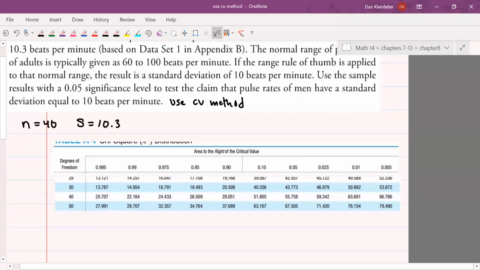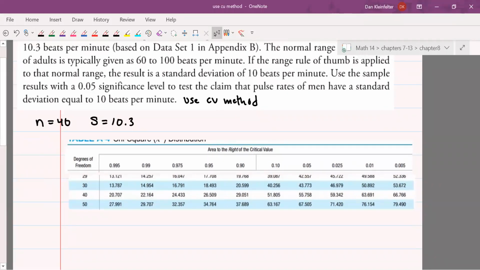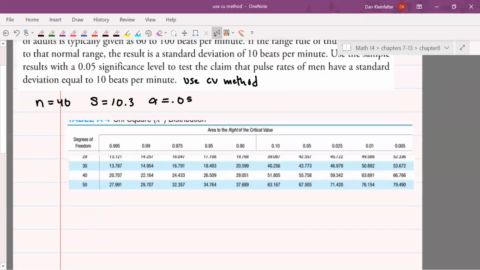Use the sample results with a 0.05 significance level to test the claim that the pulse rates of men have a standard deviation equal to 10 beats per minute, and we're to use the critical value method. So hypotheses first. The claim is that the standard deviation equals 10 beats per minute.